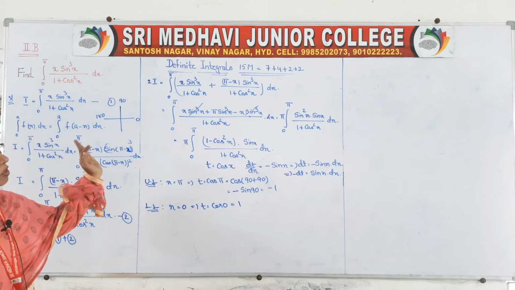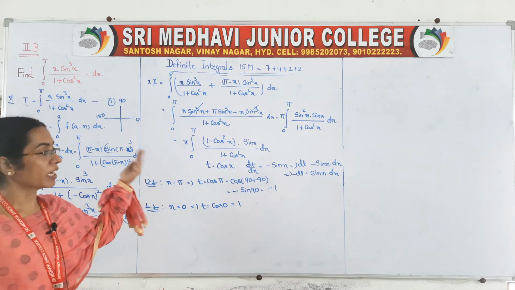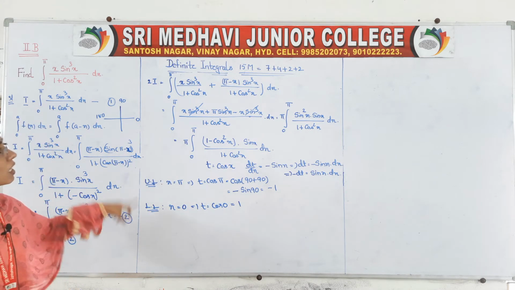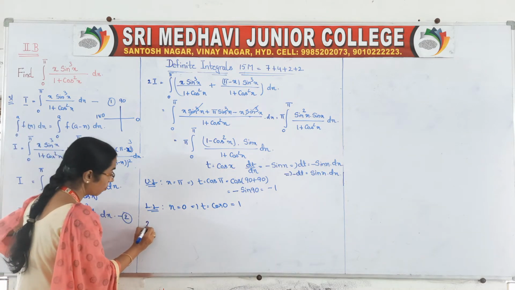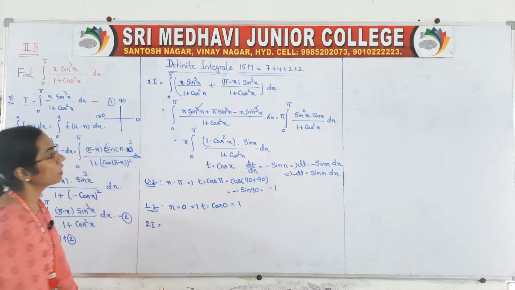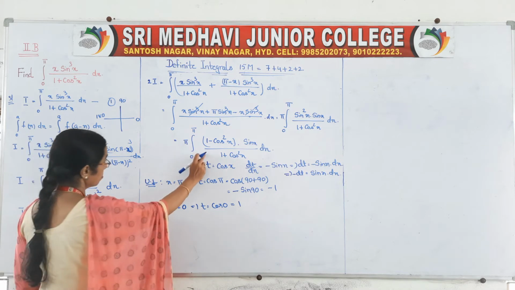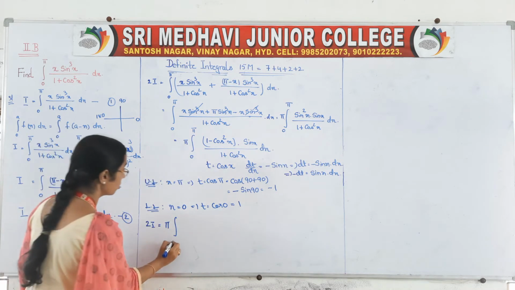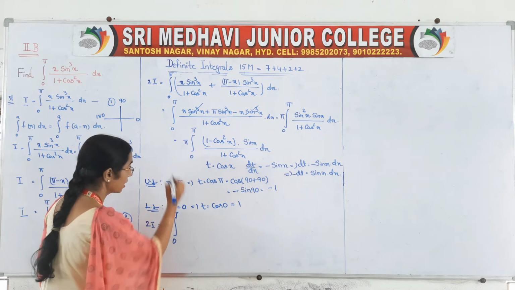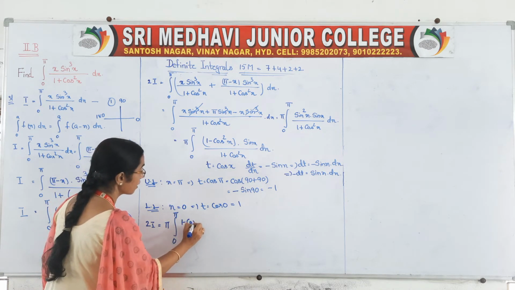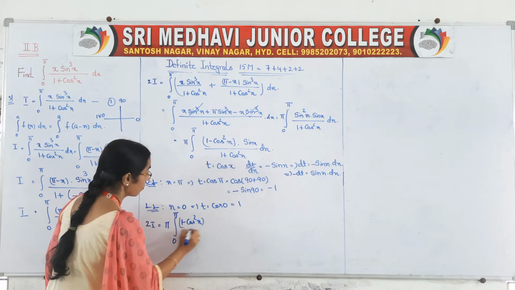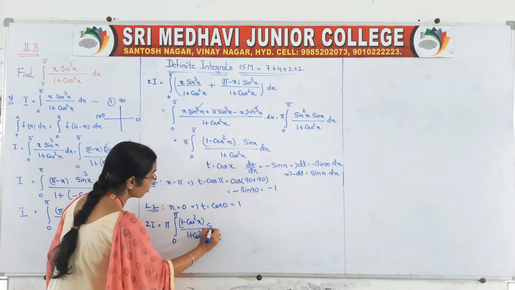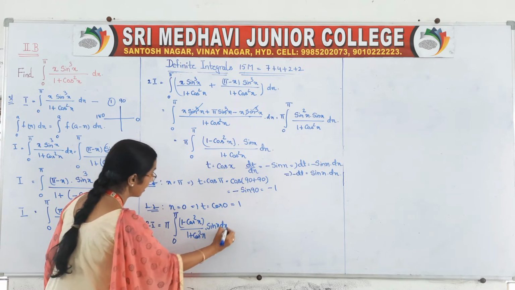So by taking the substitution we converted the problem in terms of t, then we converted the limits also. Now you take your problem, 2I is equal to, derived from our problem, integral 0 to pi of 1 minus cos square x by 1 plus cos square x into sin x dx.